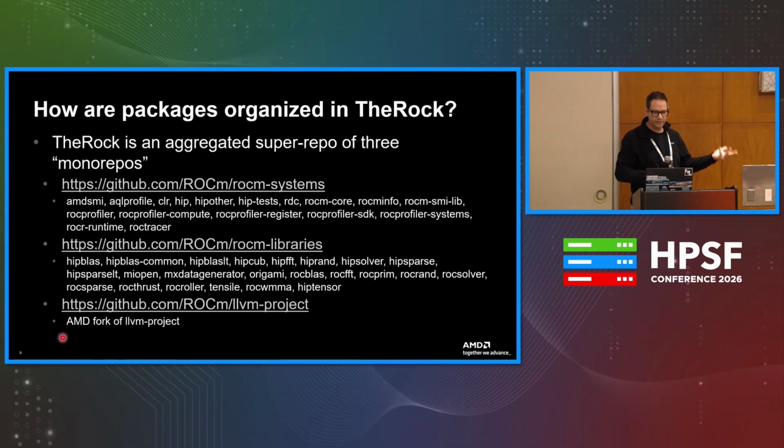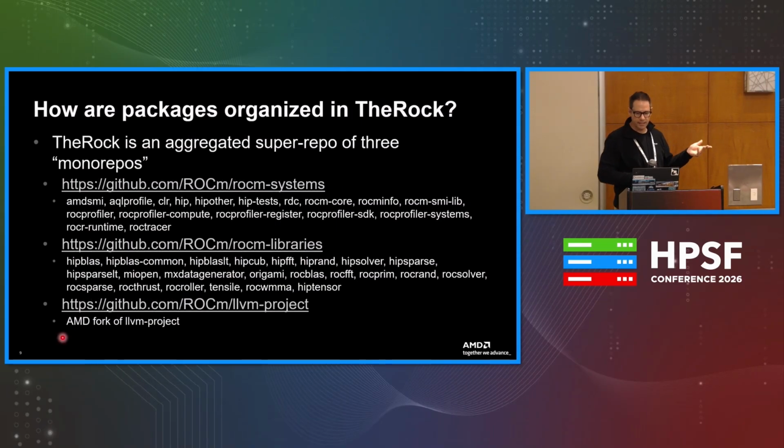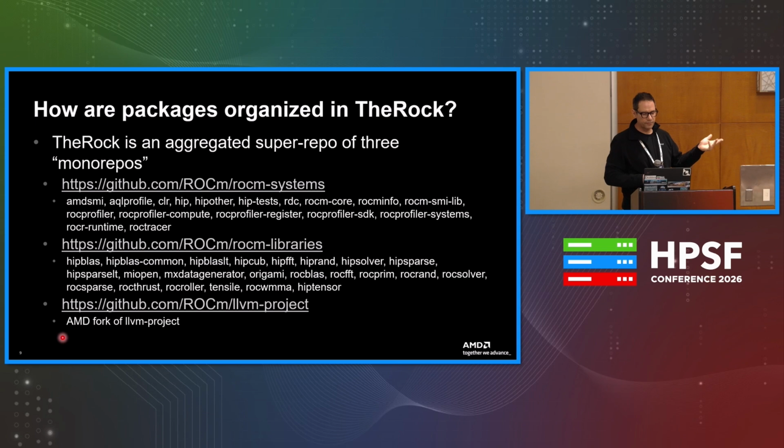So I'm going to jump back and talk about the ROC again and say, the ROC itself is an aggregated super repo of 3 mono repos. Now that's a little bit contradictory, but these are the 3 main repositories that are aggregating the different components of the ROC.